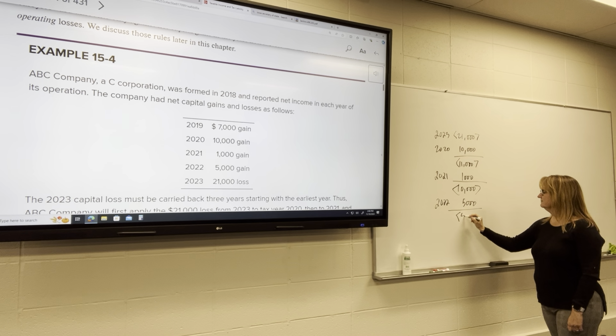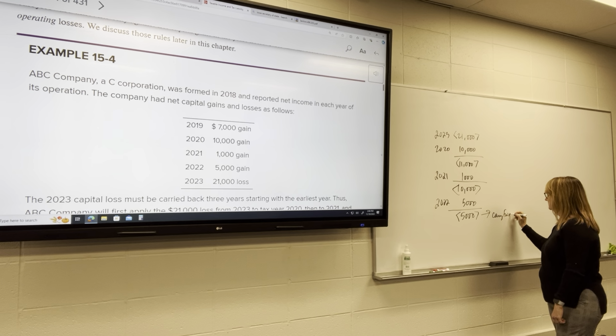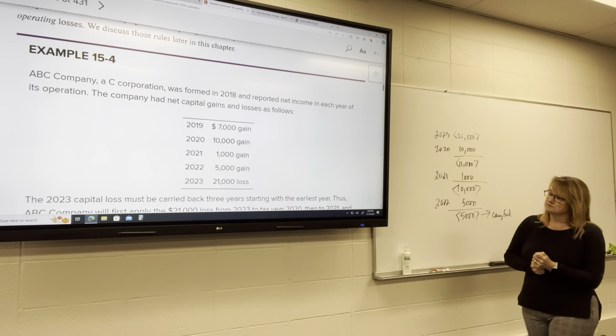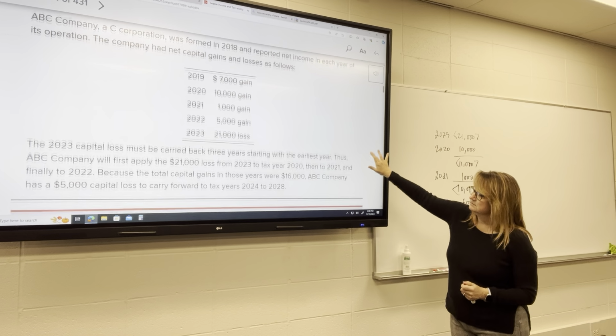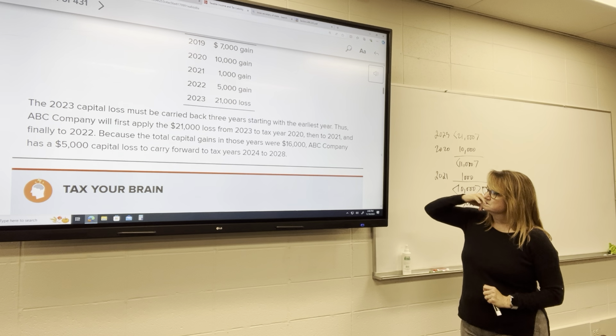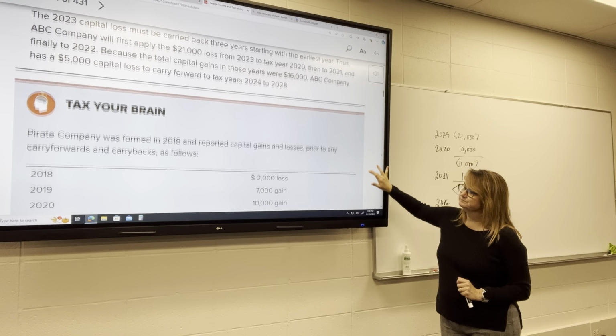Now we're left with a $5,000 loss, which carries forward to the next year or the next year, up to 5 years. We can use this to offset future gains. I've got a $5,000 capital loss to carry forward.